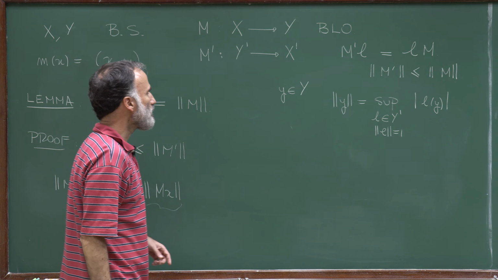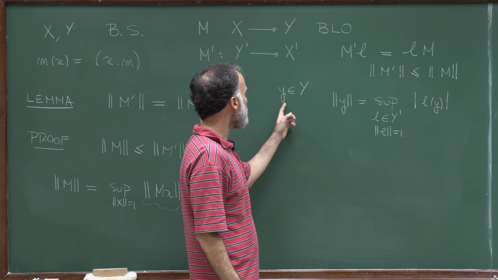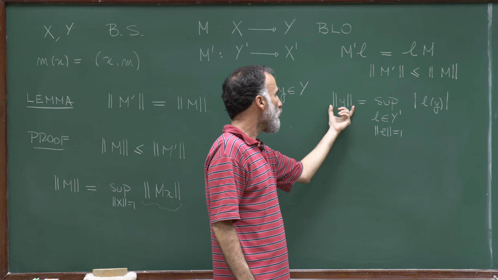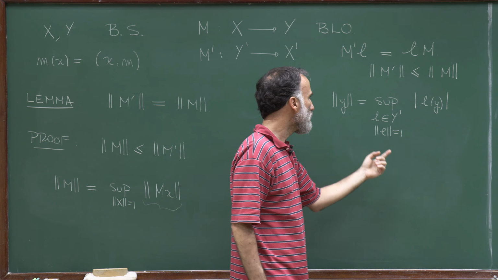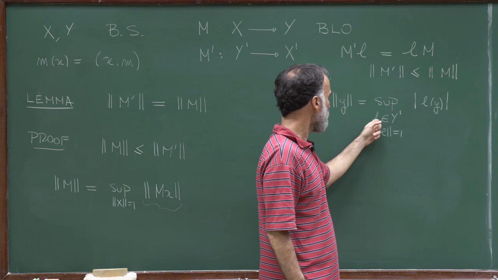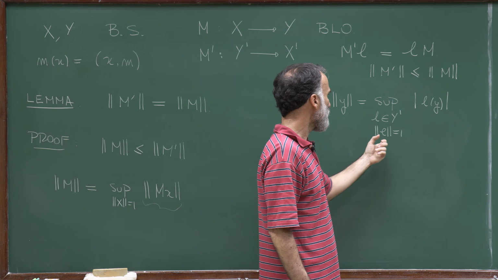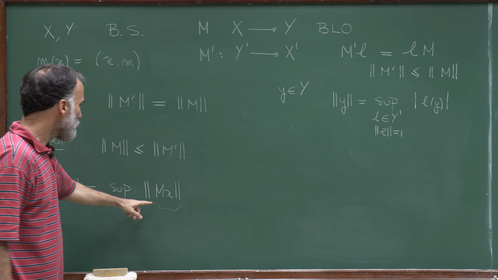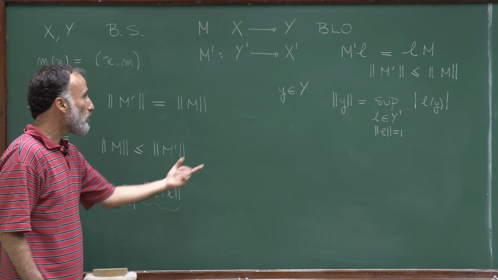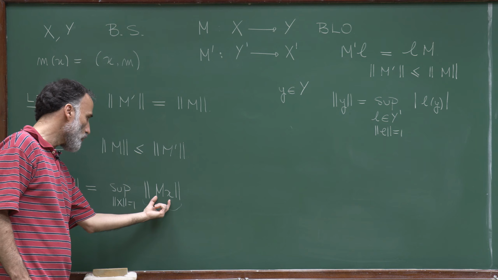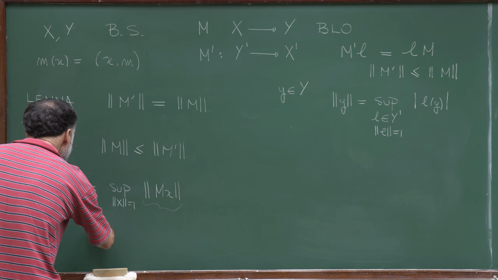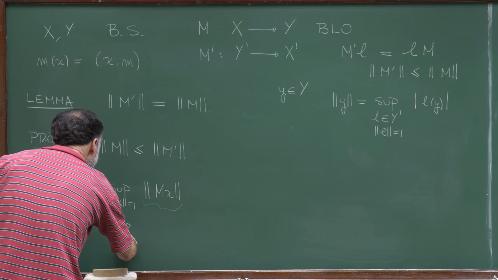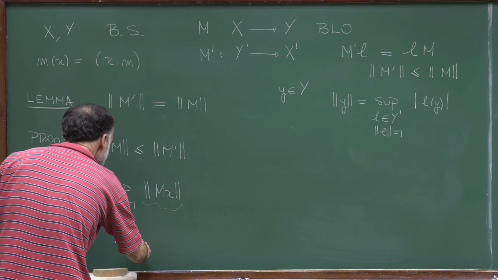So we proved that already, that if you take any element in a Banach space, then its norm is equal to the supremum of all bounded linear functionals L with norm equal to 1 of L of y. So what I will do here is just to apply this identity to Mx. So this is the supremum for x of norm equal to 1.